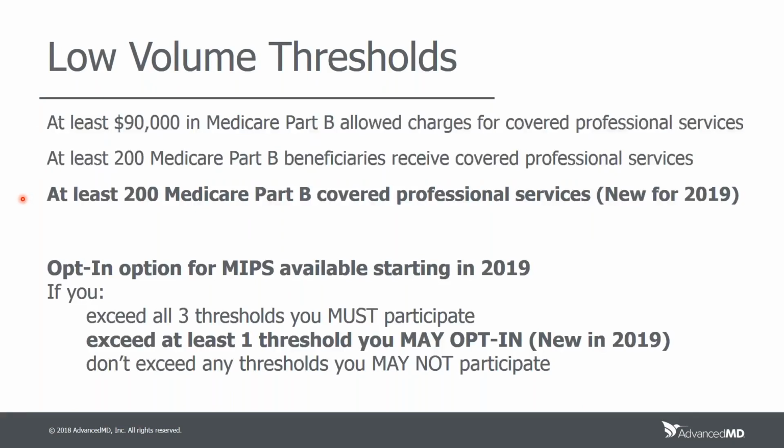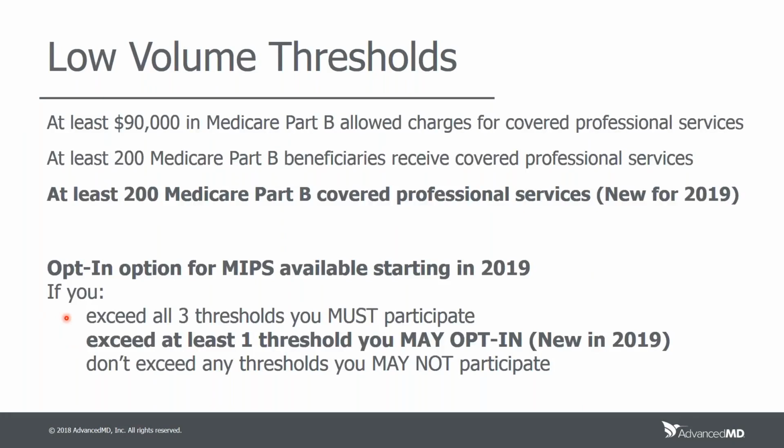Now, also added for 2019 is an opt-in option. So the rule there is if you exceed all 3 of these, so if you definitely do more than 90,000, you have more than 200 beneficiaries, you do more than 200 covered professional services, you must participate in MIPS. It's not a choice.